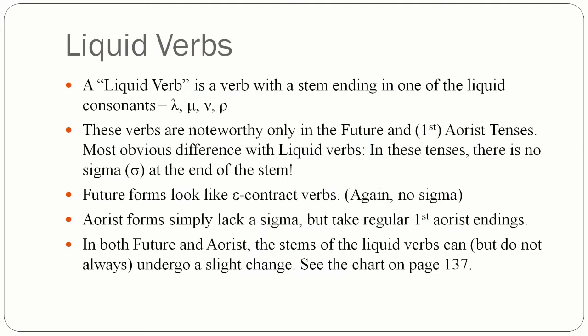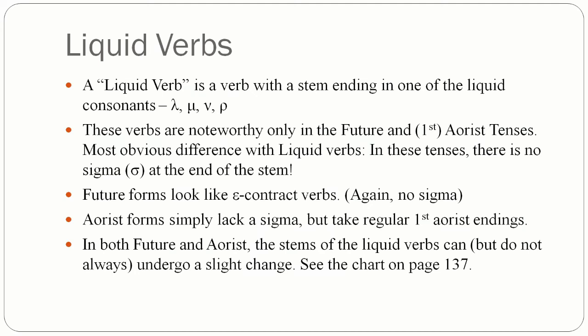In stark contrast to the verbs that we have been studying all year, liquid verbs do not have a sigma at the end of the stem in the future and the first aorist. Be careful with this. This is really weird. Every other verb that we have studied is going to get a sigma at the end of the stem in the future and first aorist, but liquid verbs do not get that telltale sigma.